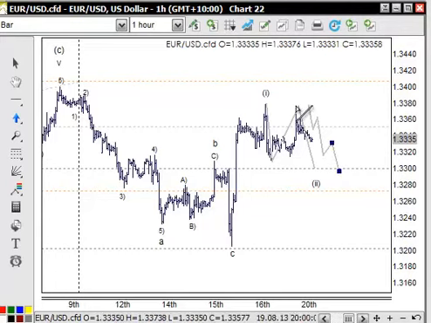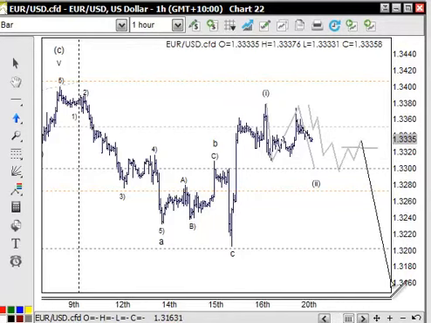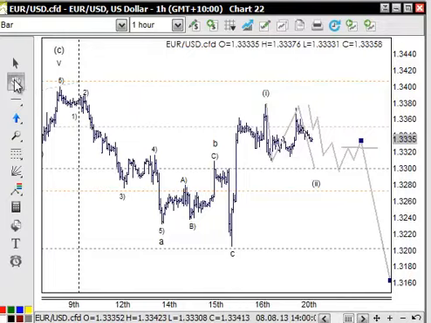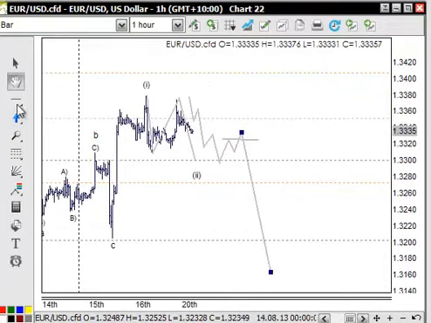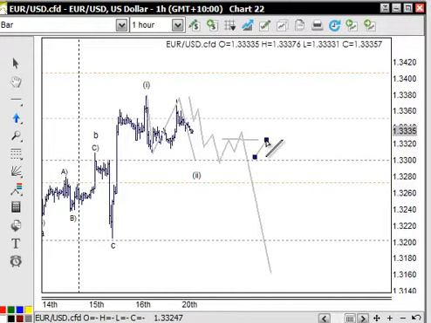So if this does move down through here, and it moves down in 5 waves, if it bounces in 3 waves like this here, and then breaks the top of that there as such and moves down here, then you know you've got a bearish picture in tow there. If this move up through here moves up in 5 waves, then you know that you've got part of the ABC correction, which is 1, 2, 3, 4, 5, A, B and C here, and then further up through here.